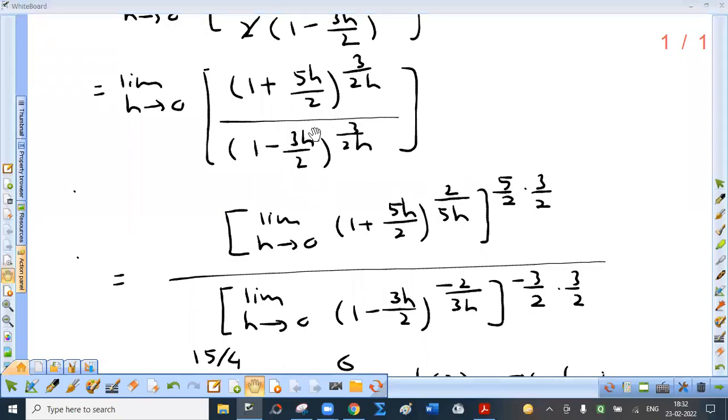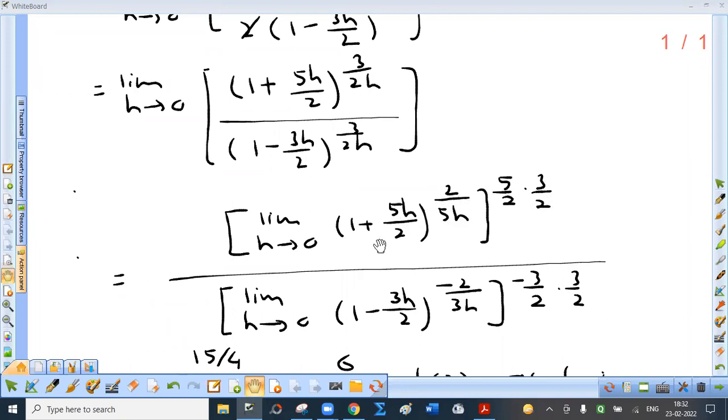Now, something is added to 1, the same thing tends to 0. The required index is the reciprocal of this, so 2 upon 5h, but this is not the original, this is the required. To get the original, we see 2 upon 5, that is why 5 by 2, so that this gets cancelled. But the original index is 3 upon 2h, so into 3 by 2.